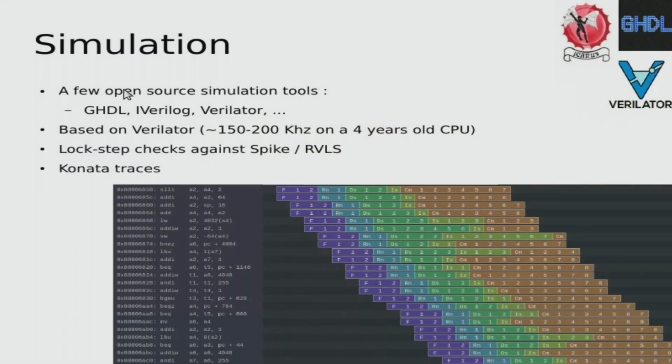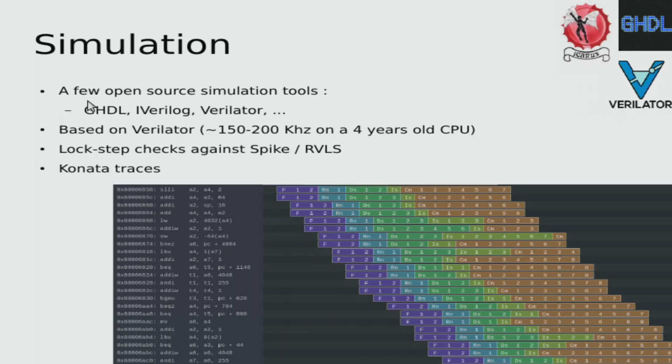It is about simulation. So when I learned hardware design in school, we were obviously on the industry standard tools. We had ModelSim, there is also VCS and this kind of industry tools which will cost you too much money as an individual to get.